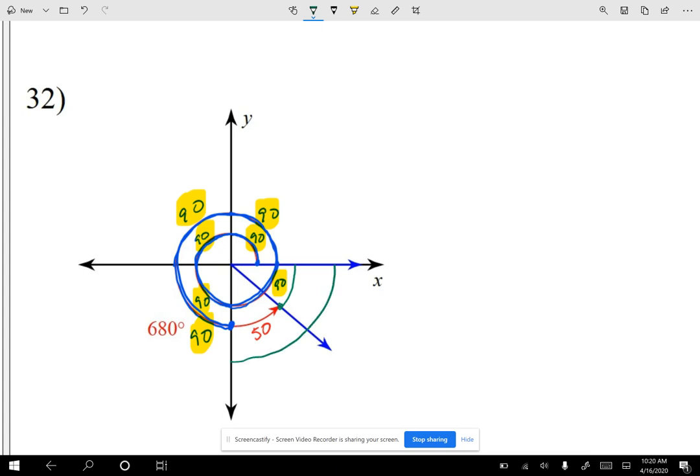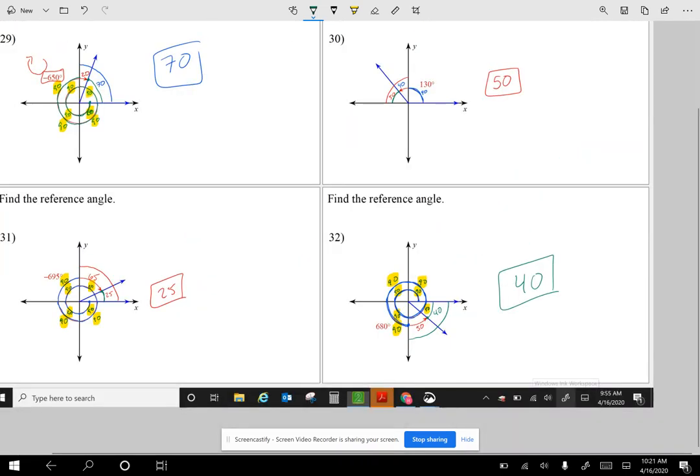From the whole thing being 90, part of it is 50, how big is the other part? In this case, 40. All right, that was simple.